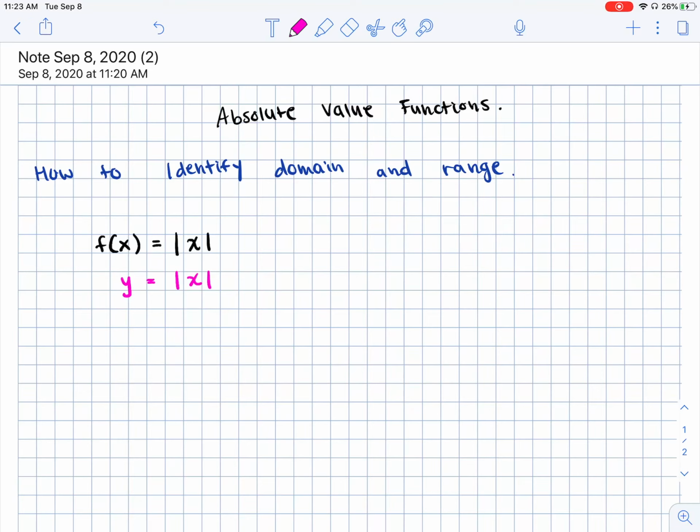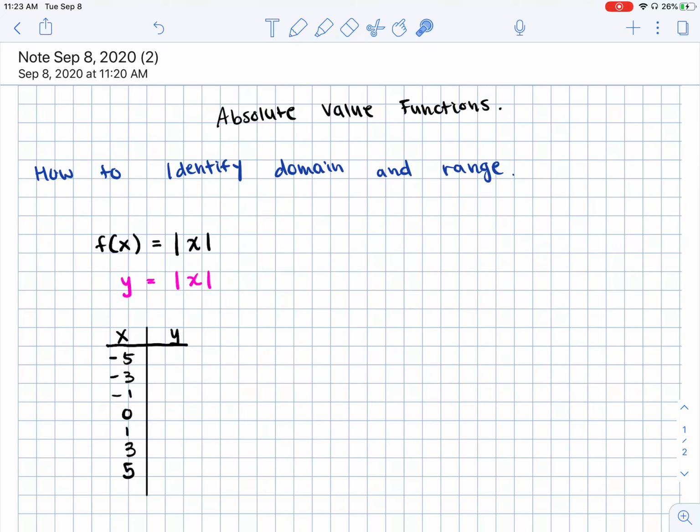So if we were to graph the absolute value function, you will remember that it looks like a V shape, but let's say you do not remember, then you can always create a table. I'm going to just put some negative numbers, -5, -3, -1, 0, some positives, 1, 3, 5.